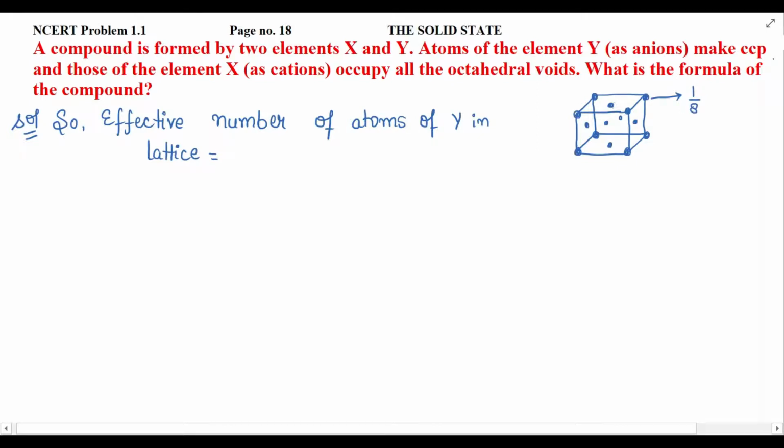And now the atoms on the faces, the atom on one face is shared by two unit cells, right? Here there will be one more unit cell on the above of this unit cell, right? So this atom is shared by two unit cells. That means the contribution of this atom for one unit cell will be half, right? So here on the corners we are having 8 atoms, right? So effective number of atoms, how can we find that?